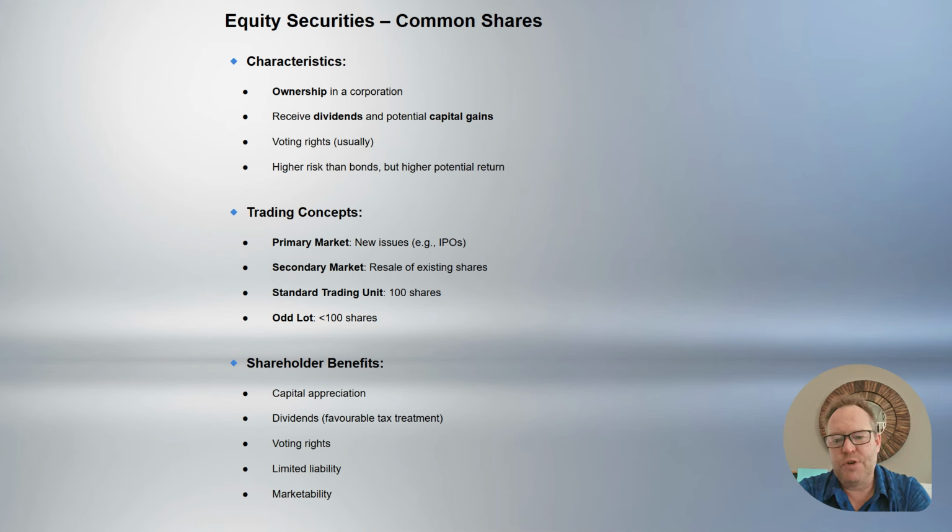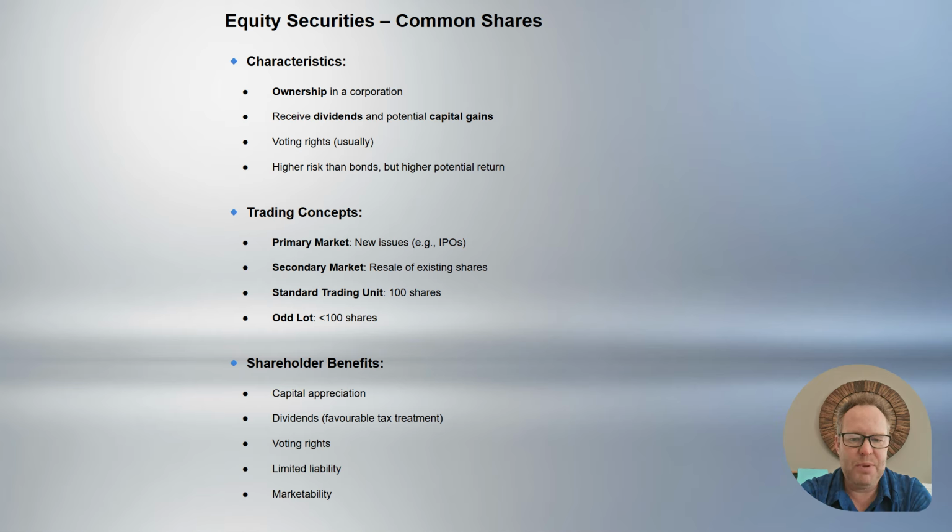What are some of the different trading concepts of equities or common shares? Shares can be traded in the primary market. When a share exists in the primary market, it is the first time that share is being introduced to the market.